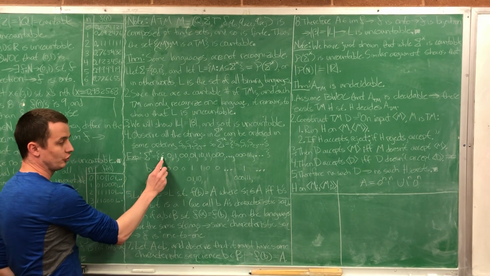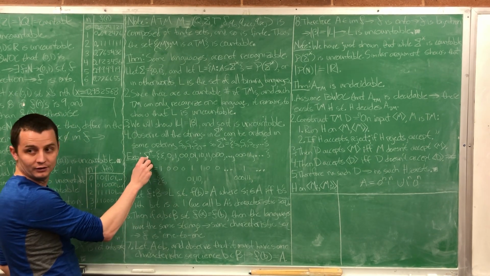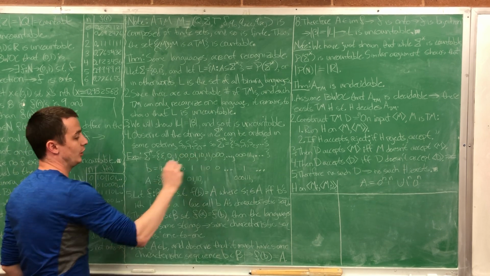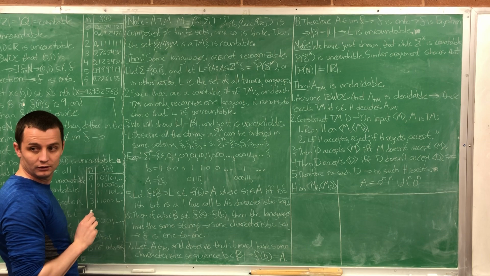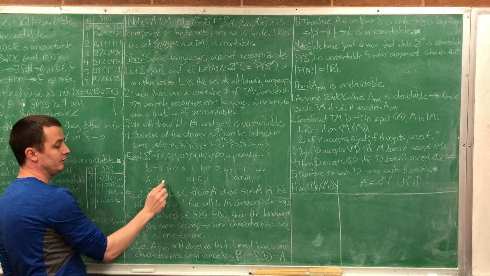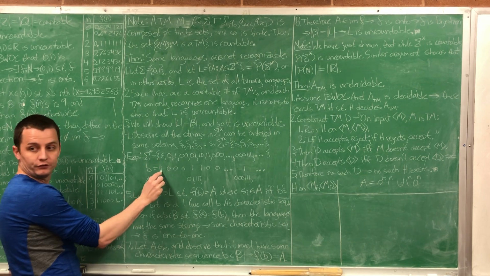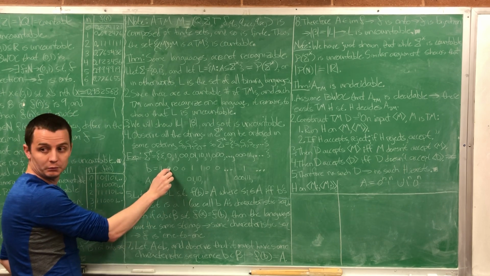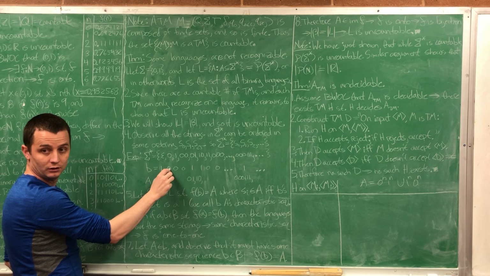Now, remember, A is a subset of this. So for each string here, we just need to answer the question, yes or no, does it belong in A? If the string belongs in A, I put a 1 for B here. If the string doesn't belong in A, I'm going to put a 0 for B. You with me?